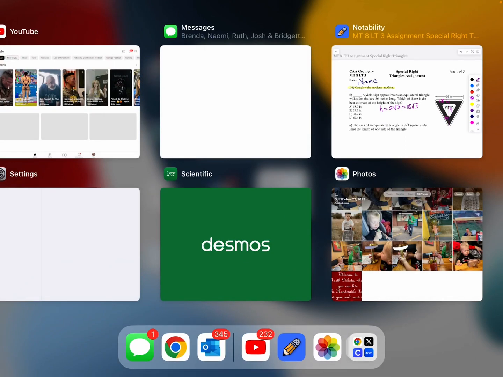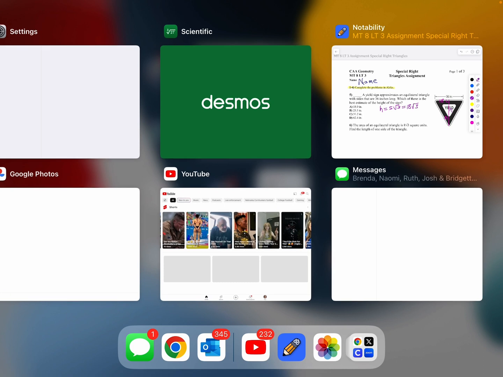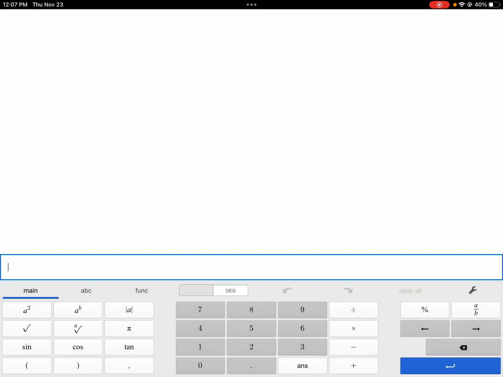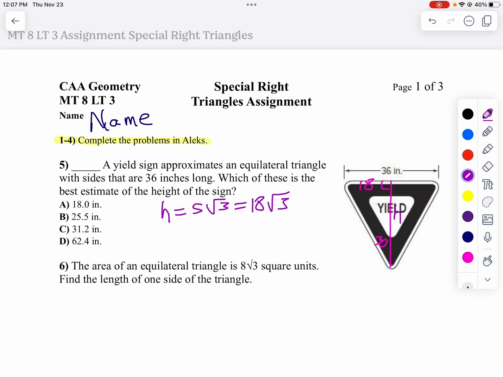And we'll do that on our calculator here. Get it open here. So if we take 18 times the square root of 3, we get about 31.18. And 31.2 inches would be our answer, would be choice C in question number 5.